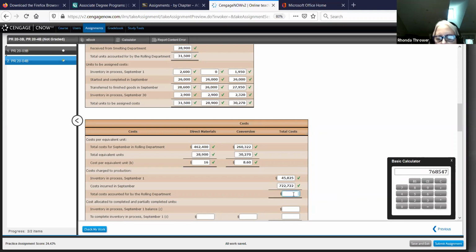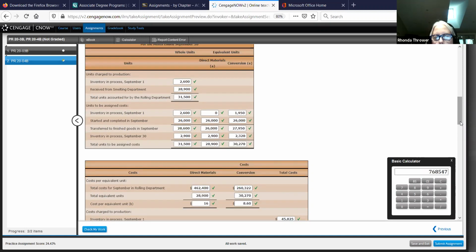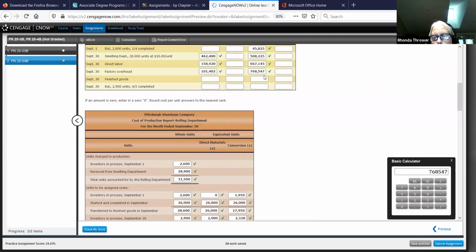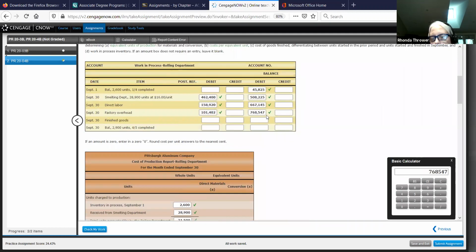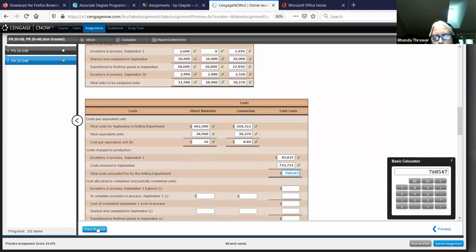And that's going to give me 768,547. You can check this figure with your work in process balance. Do you see it's the same? And you can also check your work.